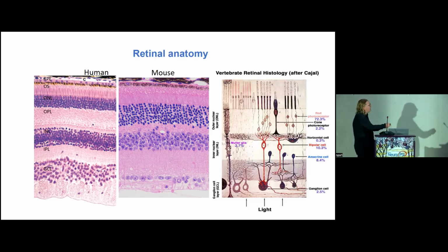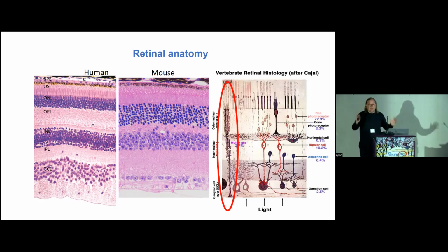So the retina consists of six major types of neurons, one type of glia, and really the star of the show today is going to be the Müller glia, which are the only glial cell type that arises from retinal progenitors during development.